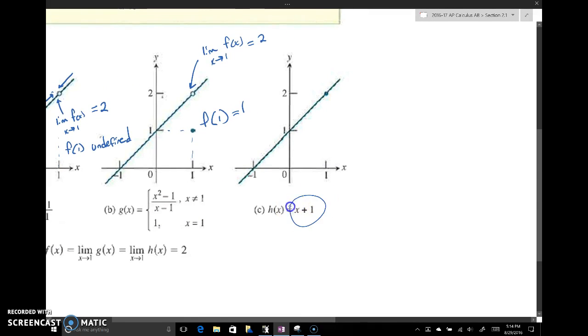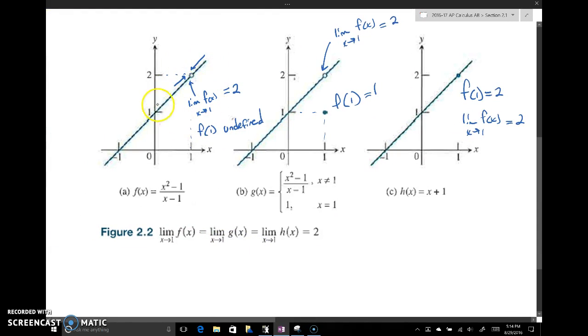And here we have a function that includes the value in its domain. f of 1 is equal to 2, and the limit of f of x as x approaches 1 is also equal to 2. So if we're trying to take a limit of a function that is continuous at that point, where that point is included in its domain, then we can just substitute. We can just plug the number in, get 1 plus 1 equals 2, and that's fine.